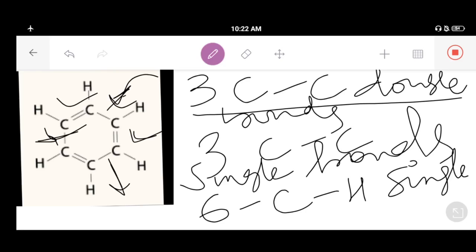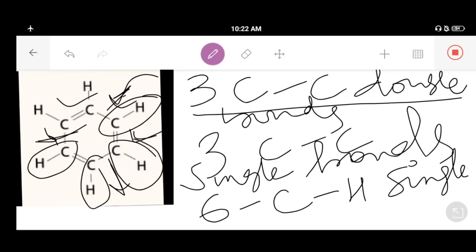This is the first carbon hydrogen single bond, second, third, fourth, fifth, sixth carbon hydrogen single bond. So the bottom line of the story is that this benzene contains 3 carbon-carbon double bonds, 3 carbon-carbon single bonds, and 6 carbon hydrogen single bonds.